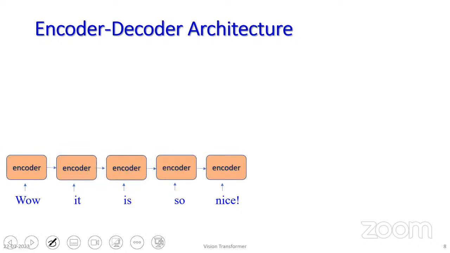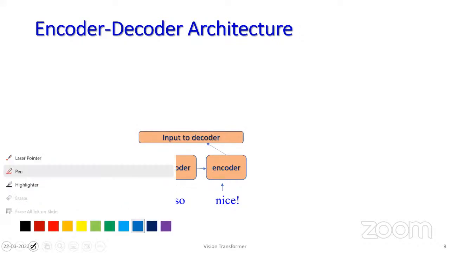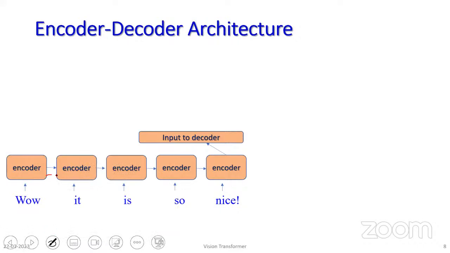Each word goes to an encoder unit, right? And each encoder unit will pass the information to the next encoder unit, and so on and so forth.